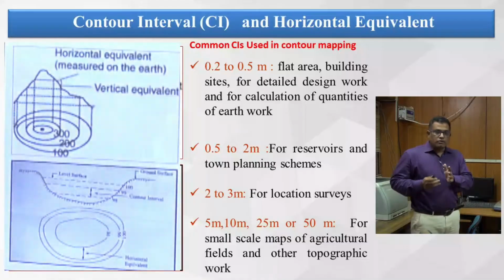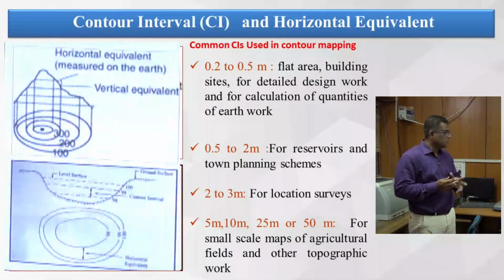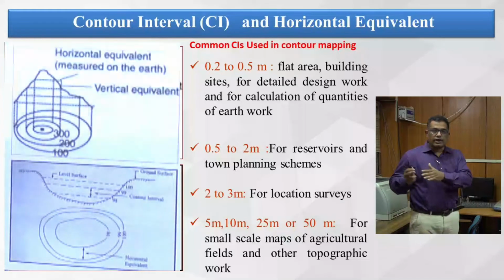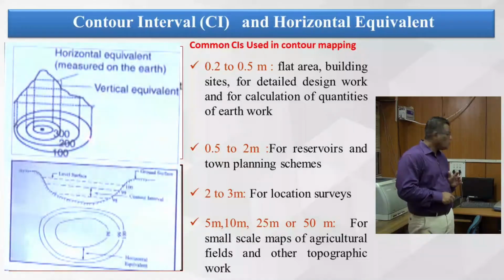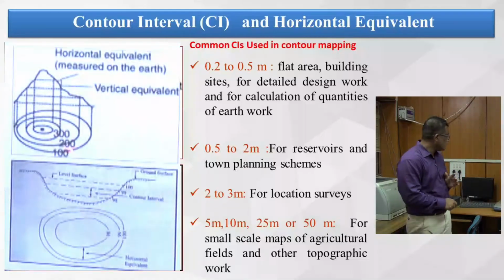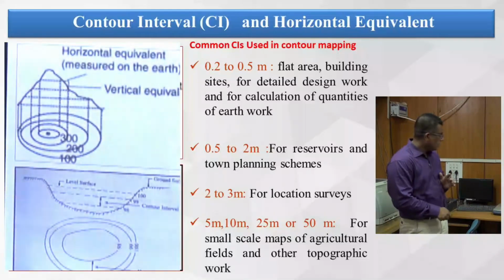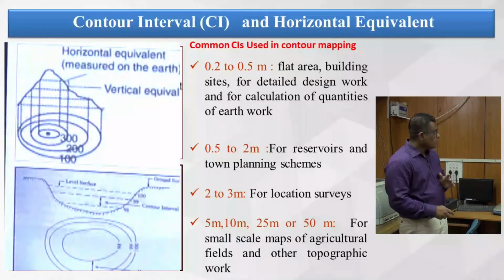And there are certain common contour intervals. There is something called contour interval and horizontal interval. Contour interval is the interval between two consecutive contours. In this case it is 100, and in this case it is 1 meter.